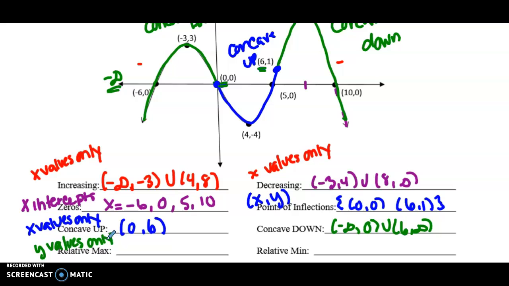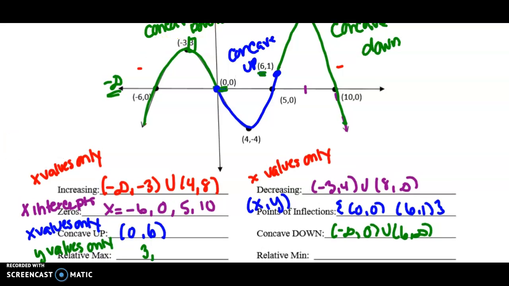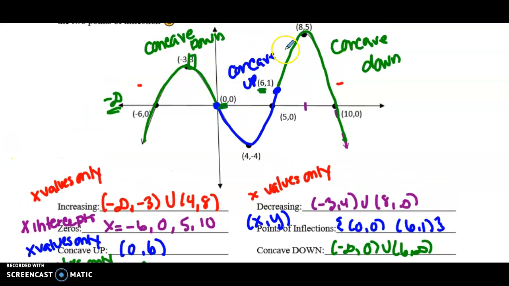Relative means it's like the top of a hill and the bottom of a hill. So we do have a relative max right here. This first one is like the top of a hill, so that is going to be 3. We have another relative max, at the top of this hill right here, which is 5.